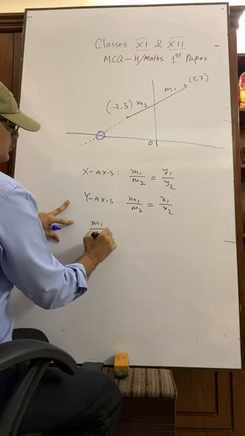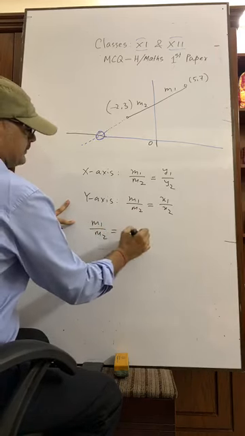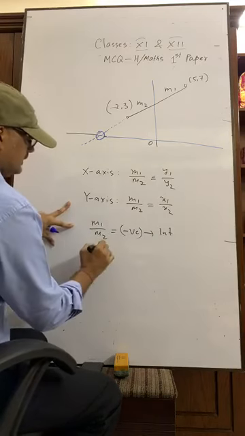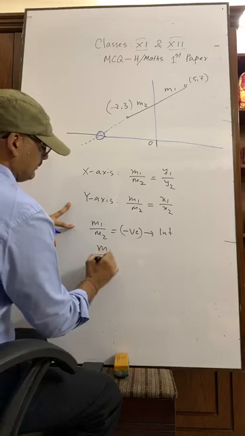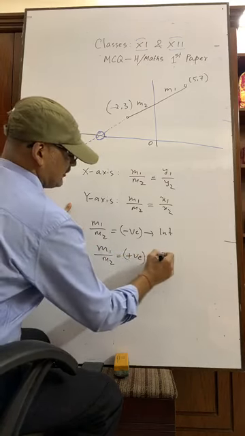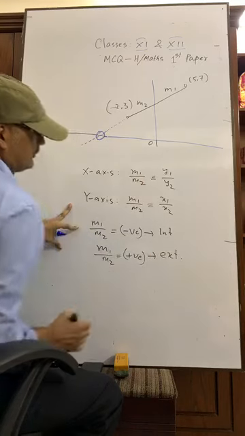If M1 by M2 is negative, that means internal intersection. If M1 by M2 is positive, that means external intersection. Okay.